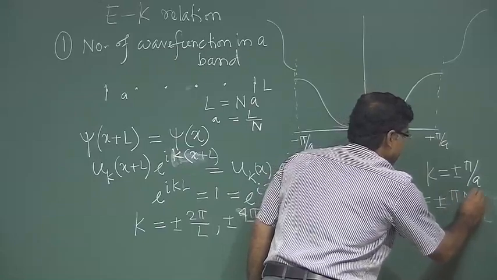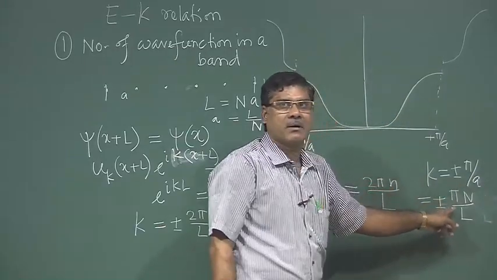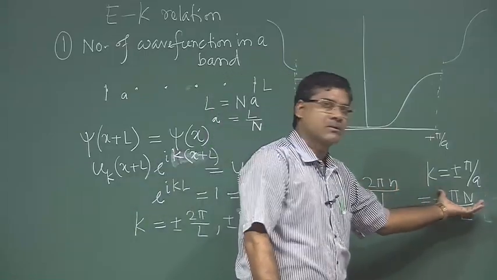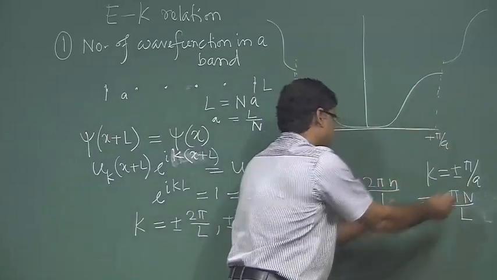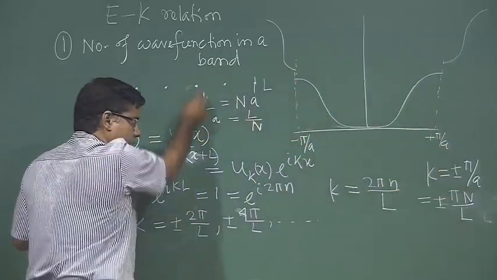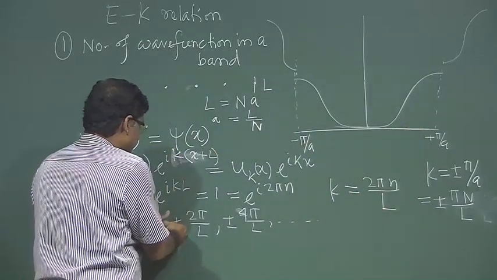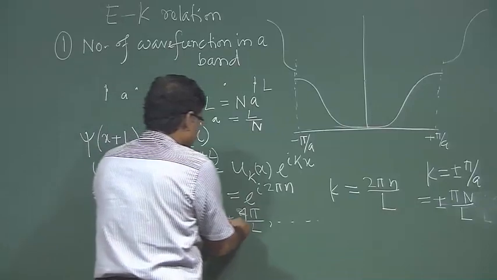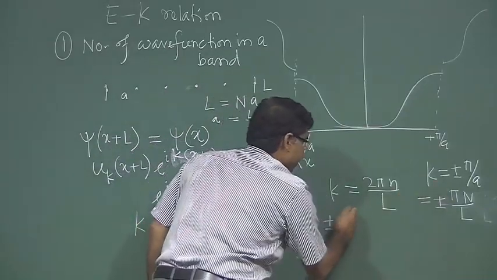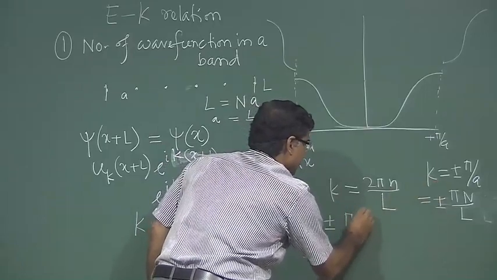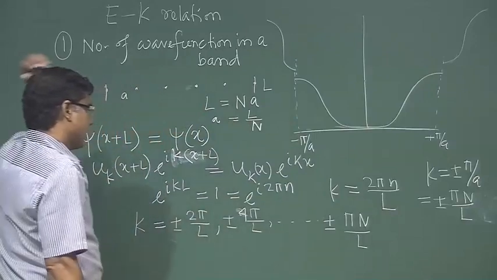That is the maximum value. So in the first Brillouin zone, k takes values plus minus 2 pi by L, plus minus 4 pi by L, and it can take a maximum value of pi N by L.